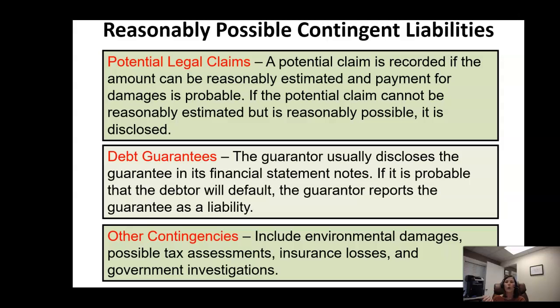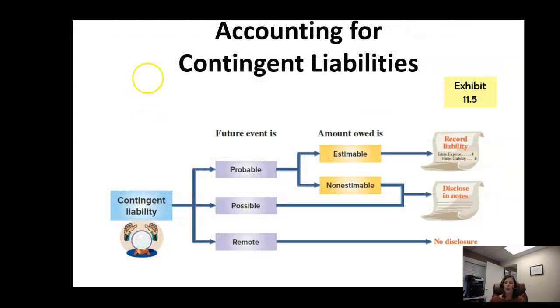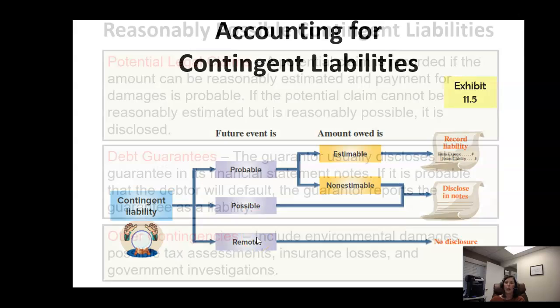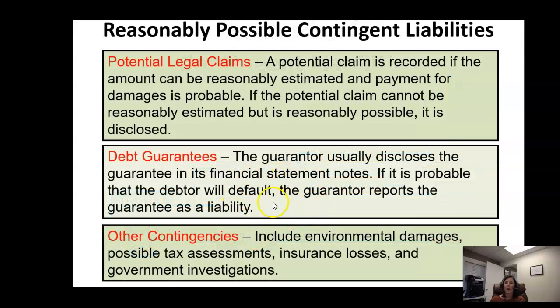And so if we think that there is some possibility that they will default, we go back to these three odds and decide whether it's probable, possible, or remote, and then that's how we decide whether or not we record an obligation for that potential default.